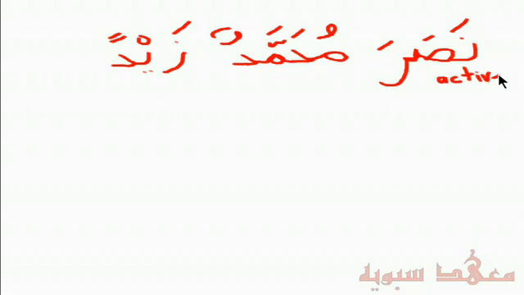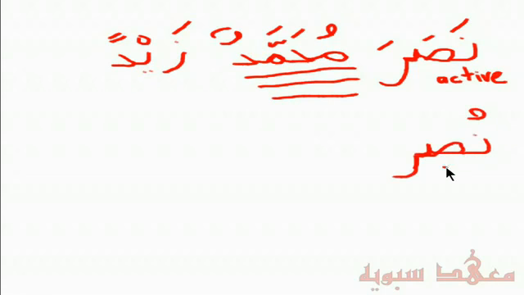because the subject, the person doing the action, is mentioned, which is Muhammad. Okay? Now, if we take the same verb and say we wanted to make it passive, so let's do it again. Nusira, and then we put Zaid.